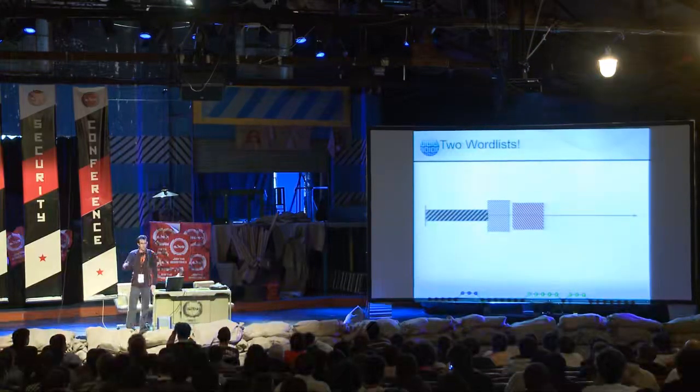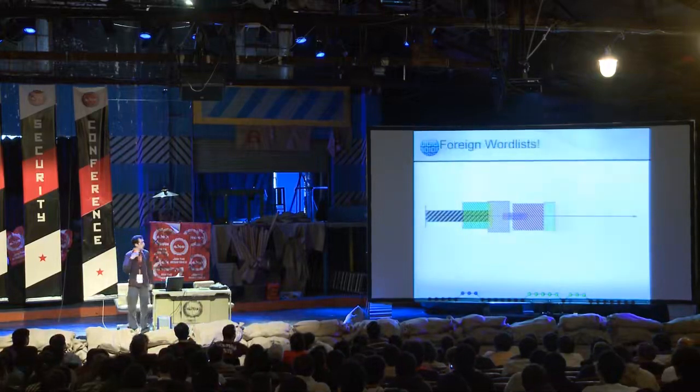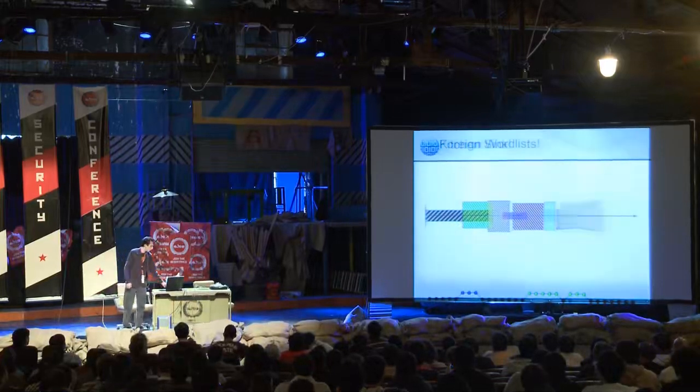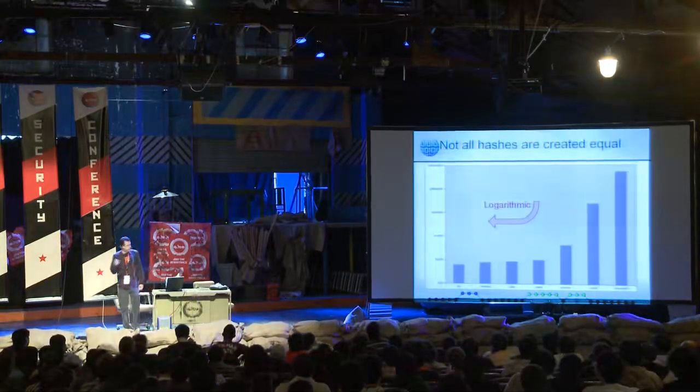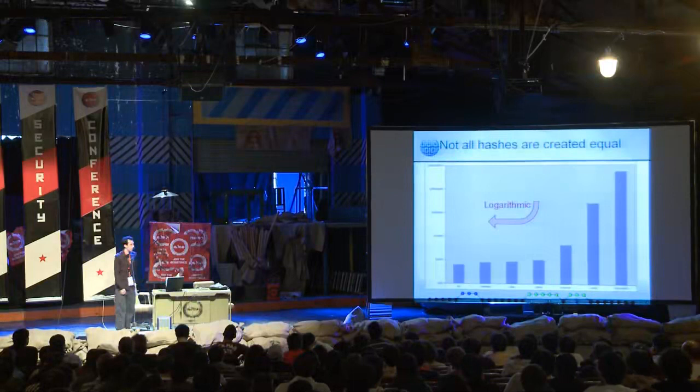And right about here is where you stop caring and start watching TV. So you use another word list, and then you use some foreign word lists, because everybody has passwords in Finnish, right? And then you just start throwing crap at it. And this can work for a fast hash function, but not for a slow one. You can't do Blowfish or Unix MD5 with that technique.